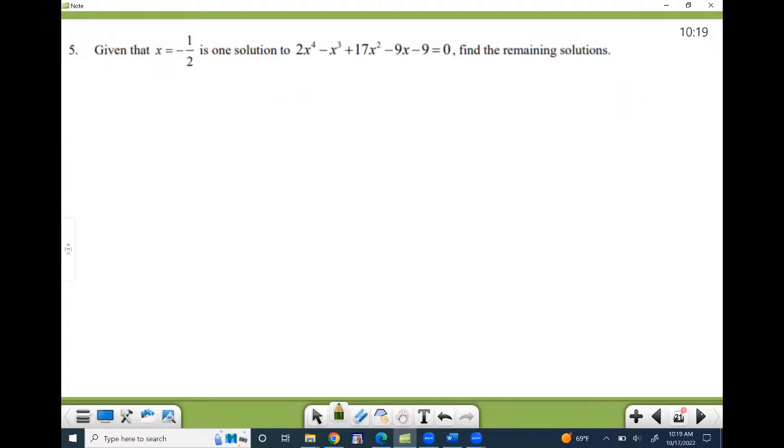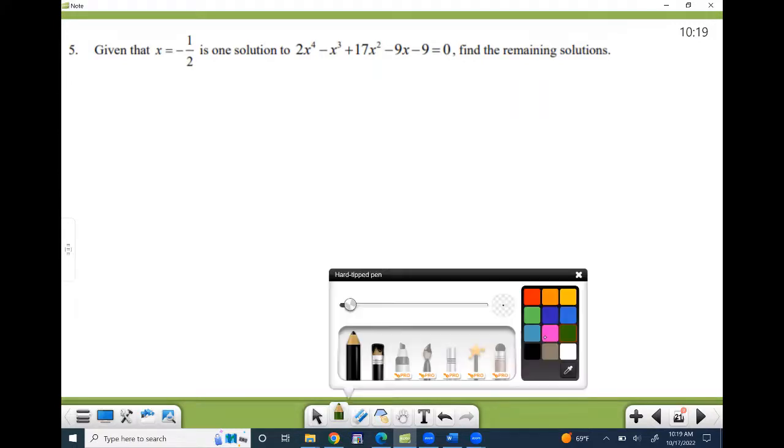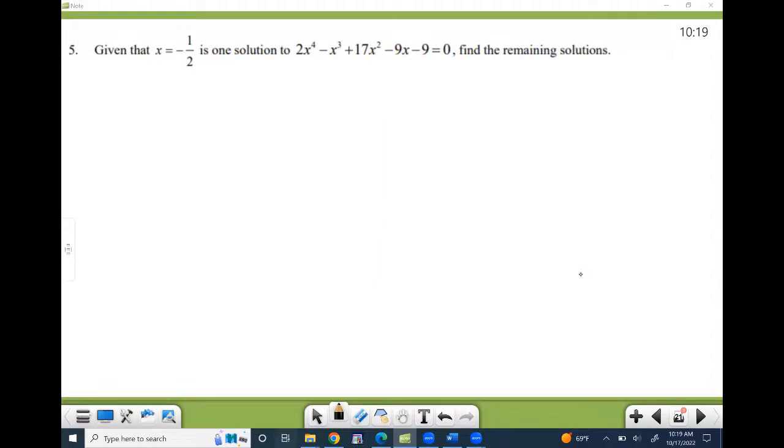All right, given that x equals -1/2 is one solution, find the remaining solutions. Okay. All right, so we know -1/2 is going to go inside the box. We're going to do synthetic division. Let's see, 4, 3, 2, 1, none. So we are good, no zeros. So I'm just going to write the coefficients, the numbers out front.